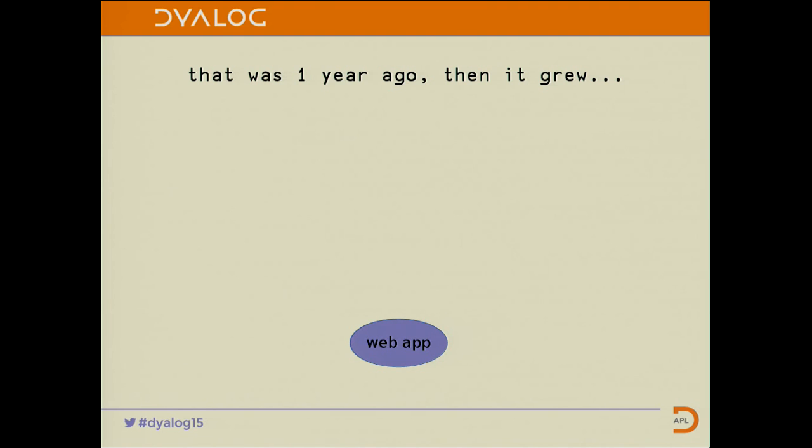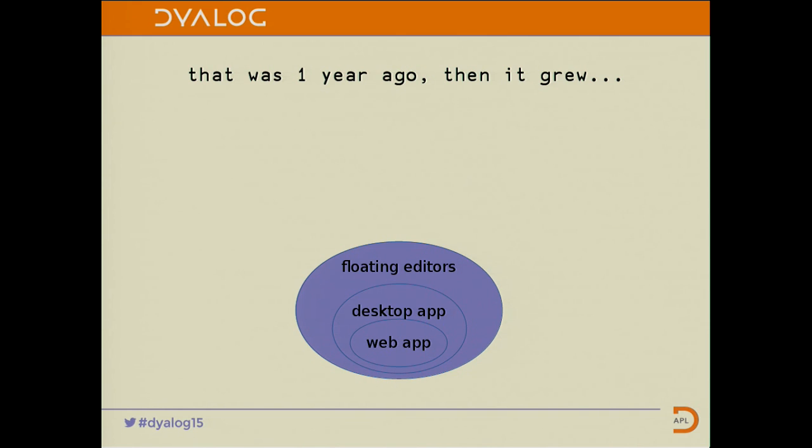That was what happened 1 year ago. Then it grew. It started as a simple single-page web app. Then we decided it would be better to disguise it as a desktop application using a technology called Node WebKit, which basically combines Node.js with a Chromium rendering engine, and lets us do that. We introduced floating windows, which, by the way, is a terrible pain in web development.